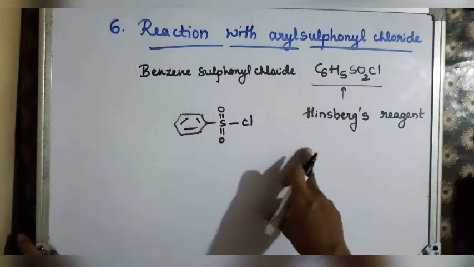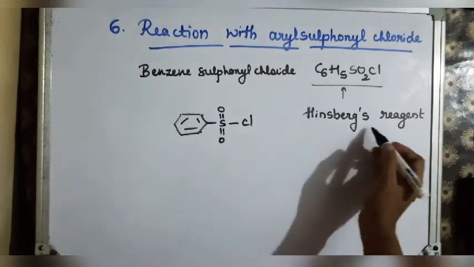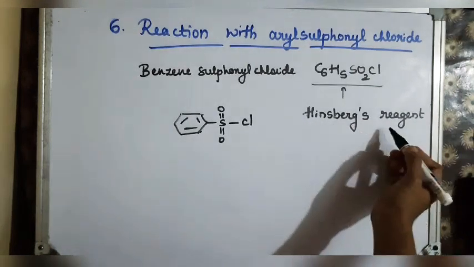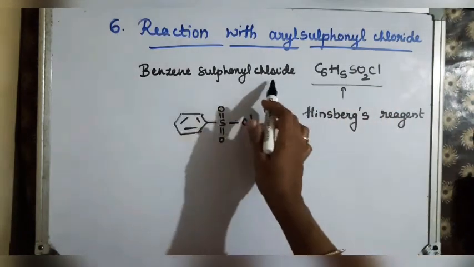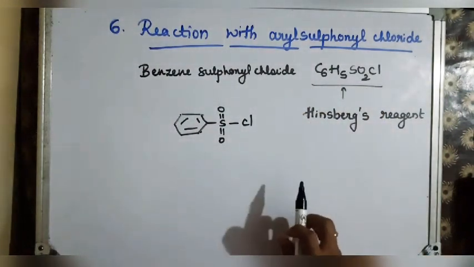So this is very important again for the examination, and even for 1 mark they'll ask what is Hinsberg reagent. Hinsberg reagent is benzene sulfonyl chloride. Its formula is C6H5SO2Cl.